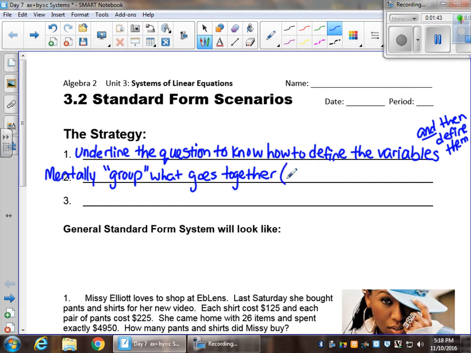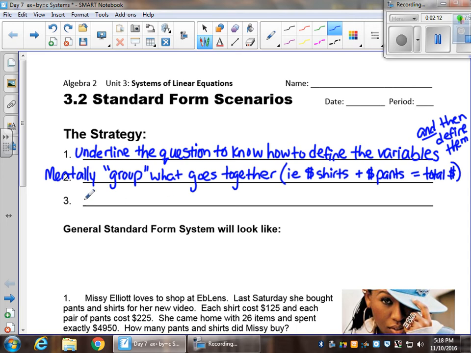So for example, cost of shirts plus cost for pants, I'll use a $ sign for cost, equals total cost. So that would be grouping money plus money equals total money.